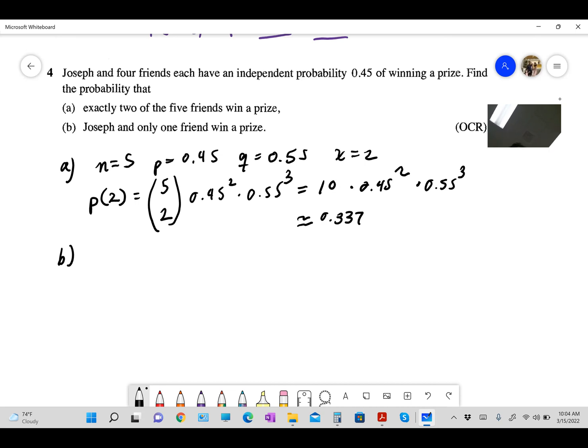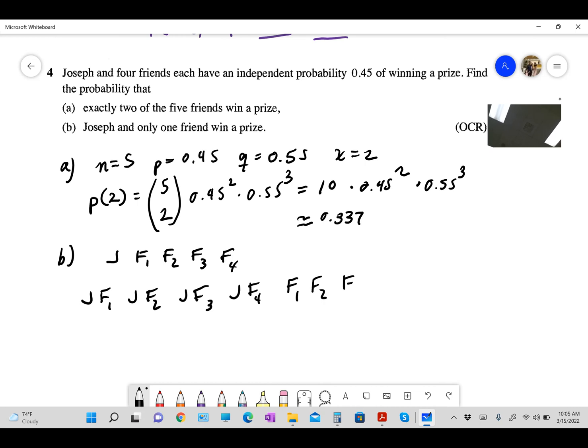So you've got to realize that, let's say you have Joseph with friend 1 and friend 2 and friend 3 and friend 4. What I want you to realize here is that either Joseph wins and friend 1 wins, or Joseph wins and friend 2 wins, or Joseph wins and friend 3 wins, or Joseph wins and friend 4 wins. Or maybe friend 1 wins and friend 2 wins, or friend 1 wins and friend 3 wins, or friend 1 wins with friend 4.